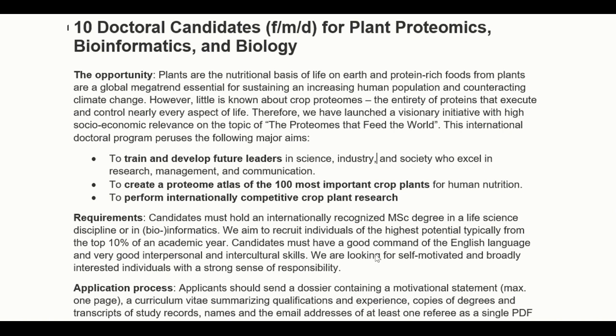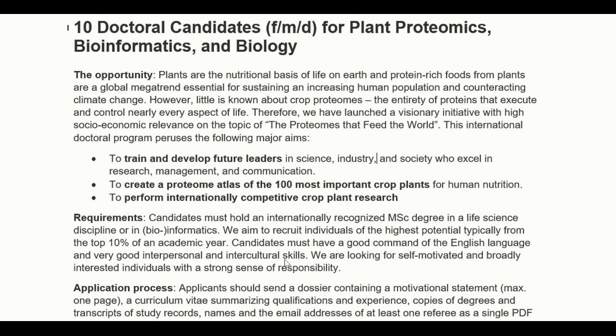And the candidate must also have a good command of the English language. So in that case, if you have an IELTS exam, you can show that so that they have proof that you are good in English language and in communication, in writing, reading, and listening skills.